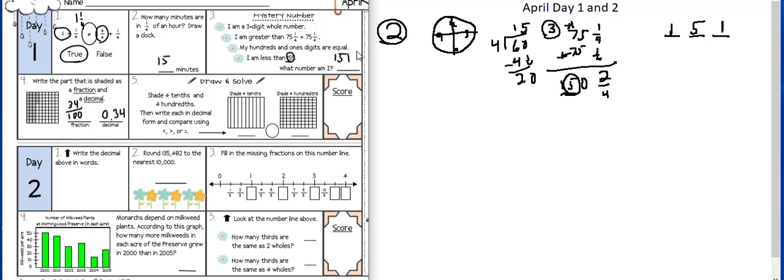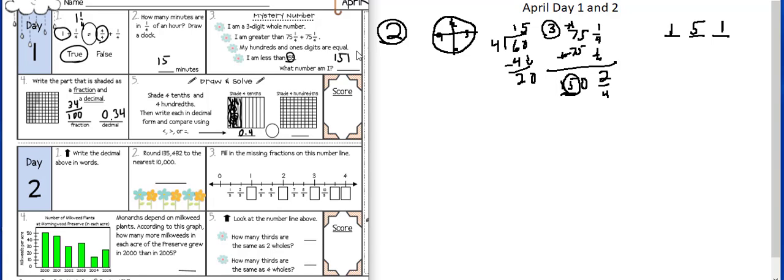All right. Shade 4/10 and 4/100. Then write each in decimal form and compare. So if I'm shading in 4/10, this one would be shaded in, that one, this one, and this one. So those 4 would be shaded in. As a decimal, that would be 0.4 because 4 out of the 10 are shaded in.